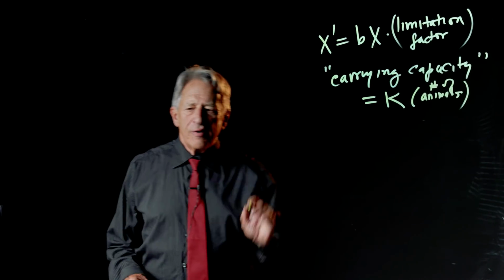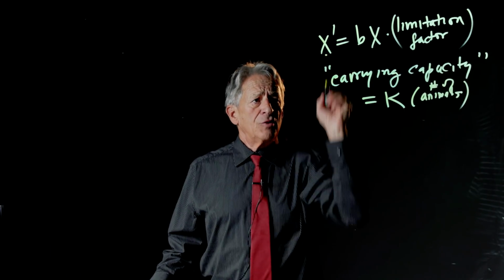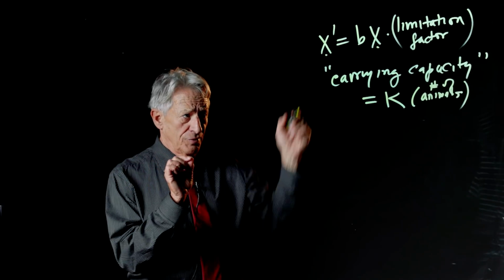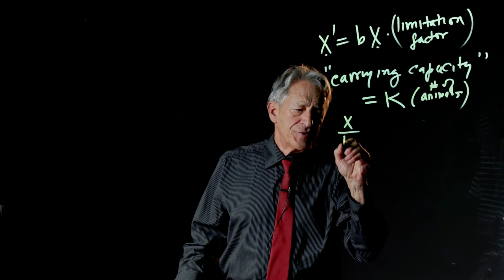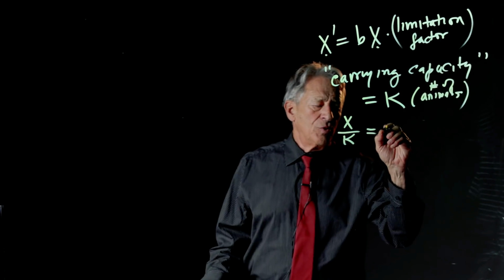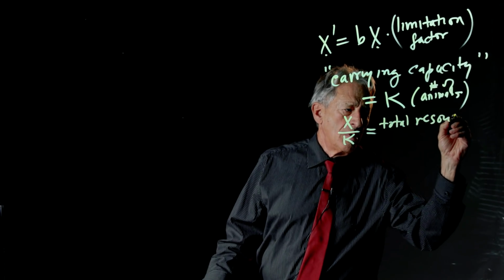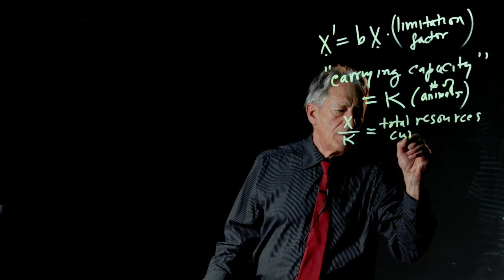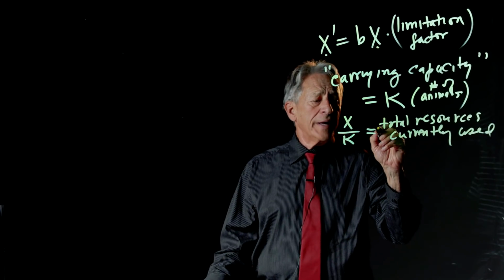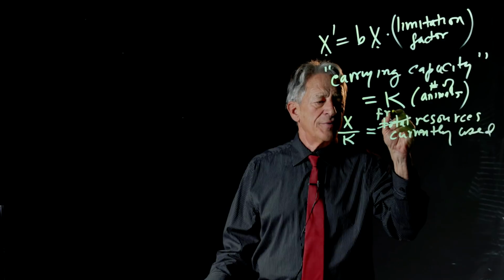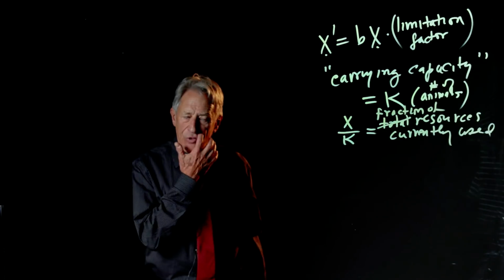Now, if the environment can support k animals, and currently there are x number of animals, then the fraction x over k is equal to the fraction of resources currently used.